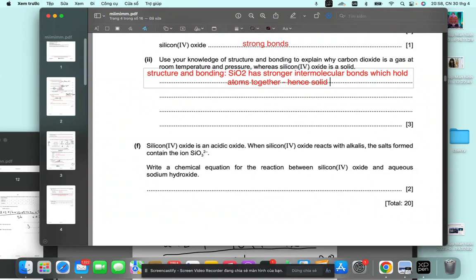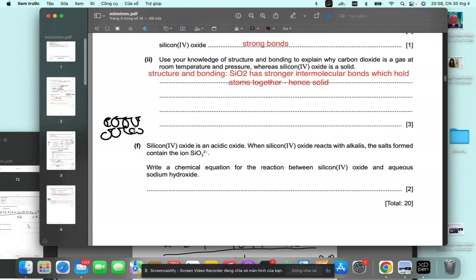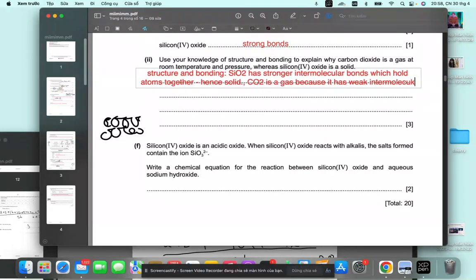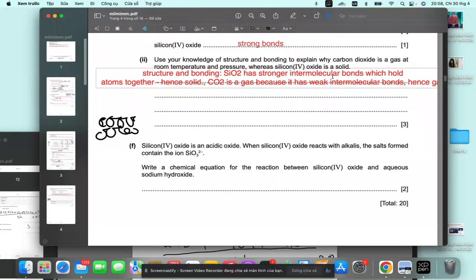It is solid because a solid has structure really close and really tight together. And CO2 is a gas because it has weak intermolecular bonds, hence gas.